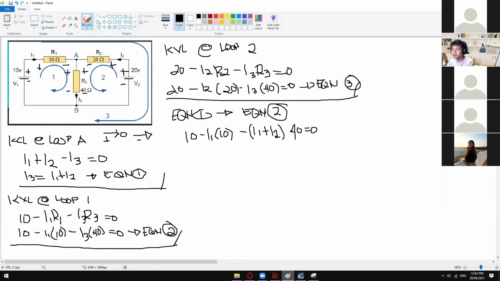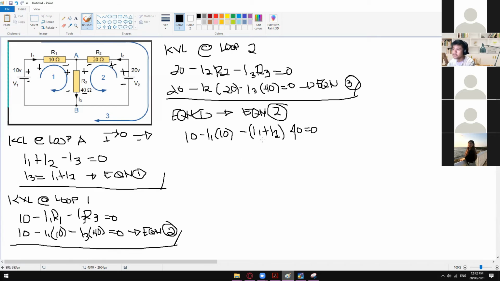Before we had three unknowns, but after substituting the value of equation number 1 into equation number 2 and equation number 3, we now have two unknowns only. So all you need to do is eliminate or lessen the unknowns, say one unknown, then a second unknown, and then up to the third unknown. We have to do that one by one.